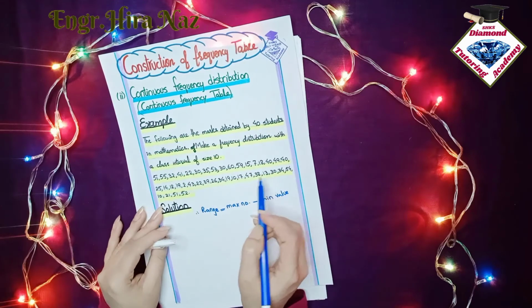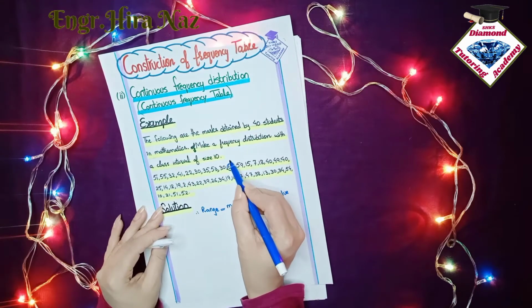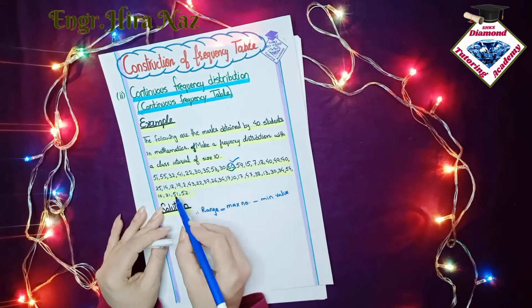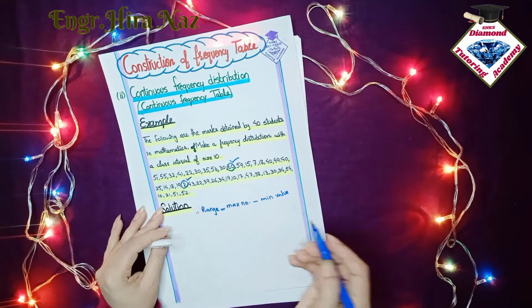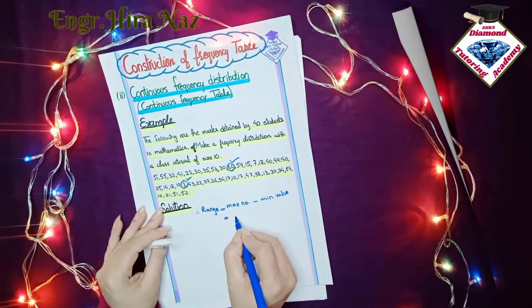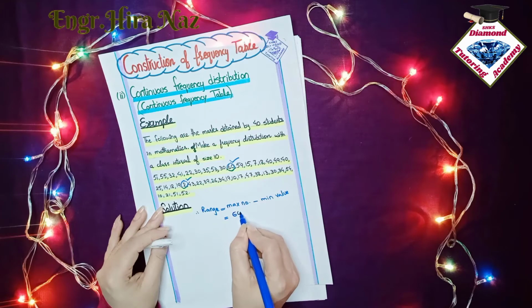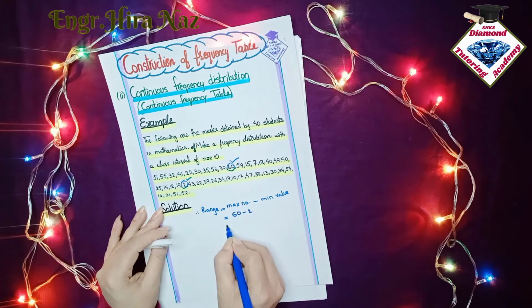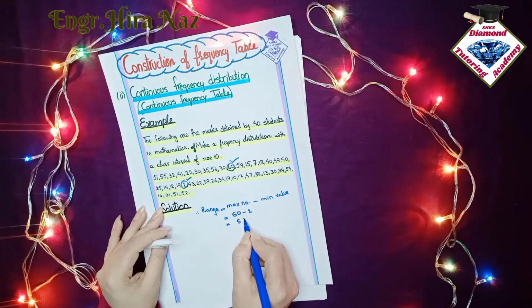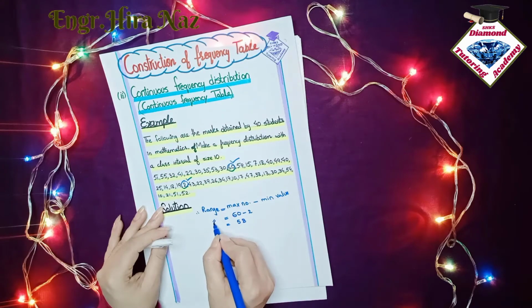Here in the given data, 60 is the maximum value and 2 is the minimum value. So the range is 60 minus 2, which is 58.